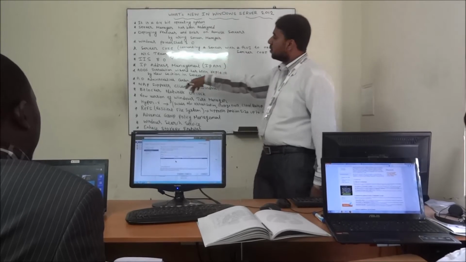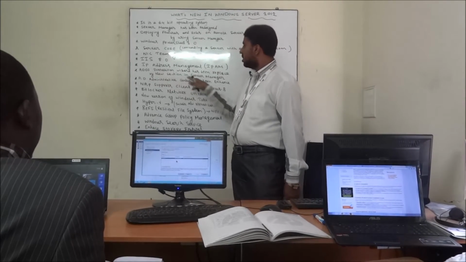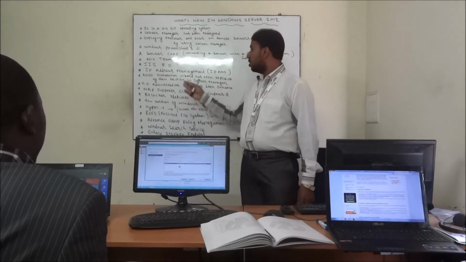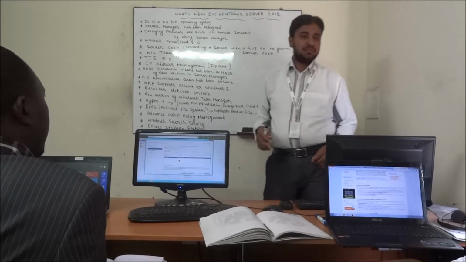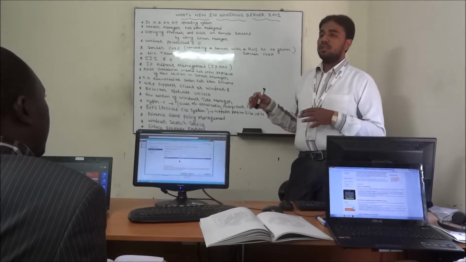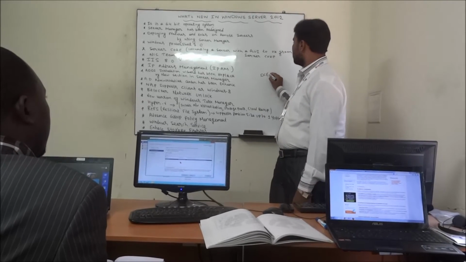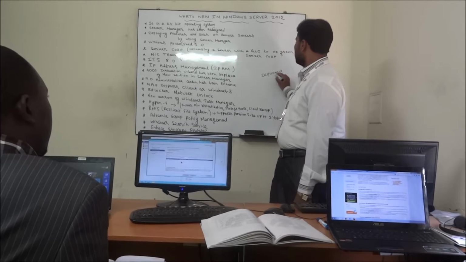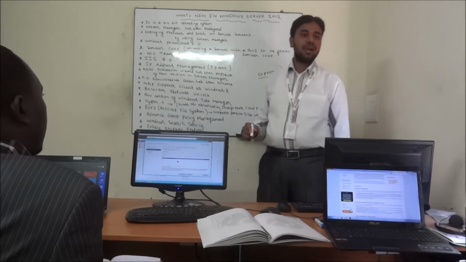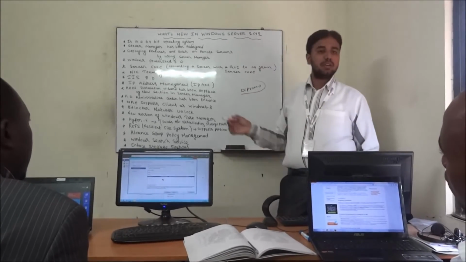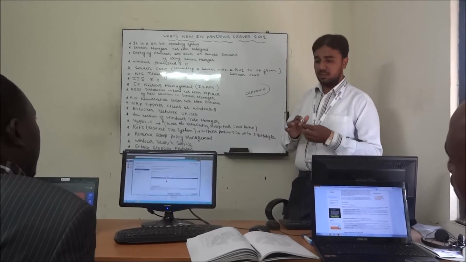Then the ADDS installation wizard has been replaced by a new section in Server Manager. We have used the DCPromo command to make your server a domain controller, or to remove the domain.